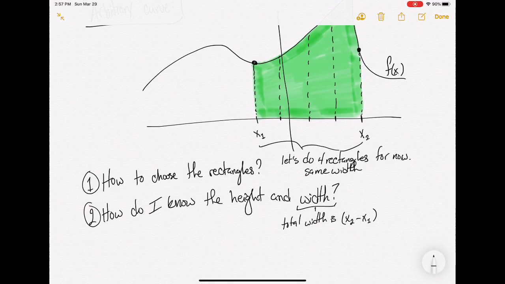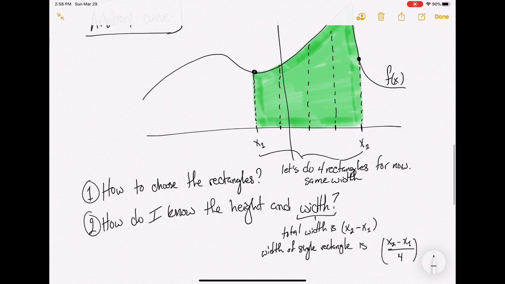So then the width of a single rectangle is x2 minus x1 divided by 4, because I have four total rectangles. That's all that's going on there.